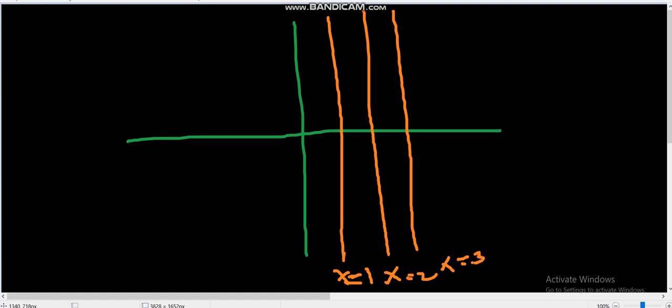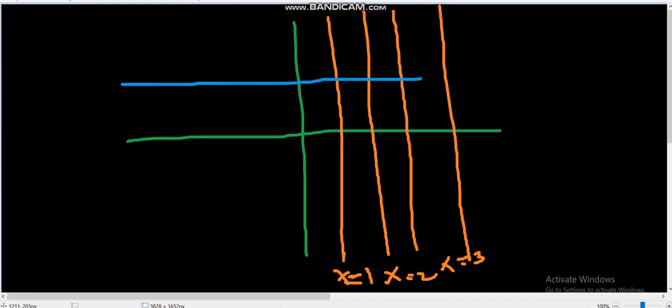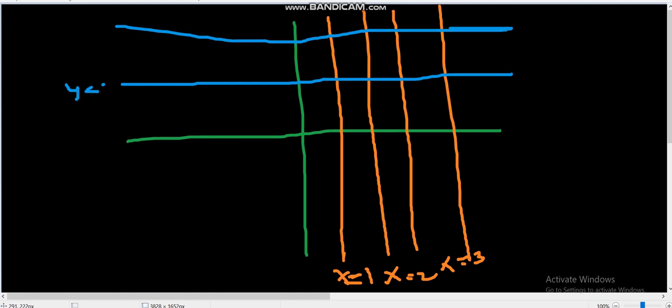Okay, and there are other horizontal lines also, which is y equals n, but y is an even number. So this is like that. This is y equals 2, y equals 4, and there are other lines where x plus y equals 2k.